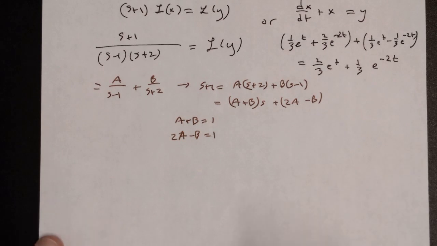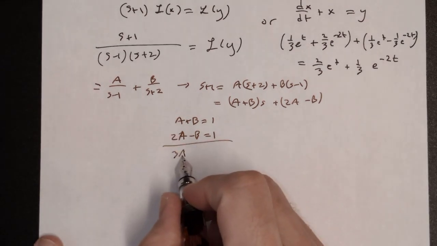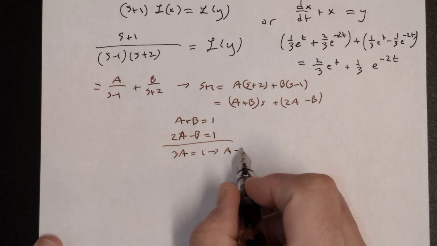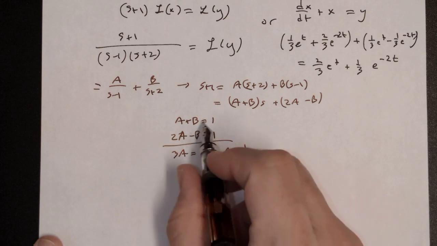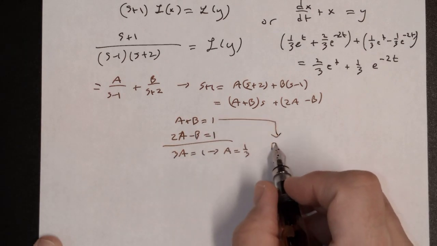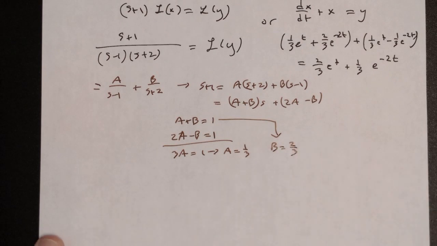So when I add those, I get 3A equals 1, so I get A is 1/3. And when I put that in up here, I get B is 2/3.